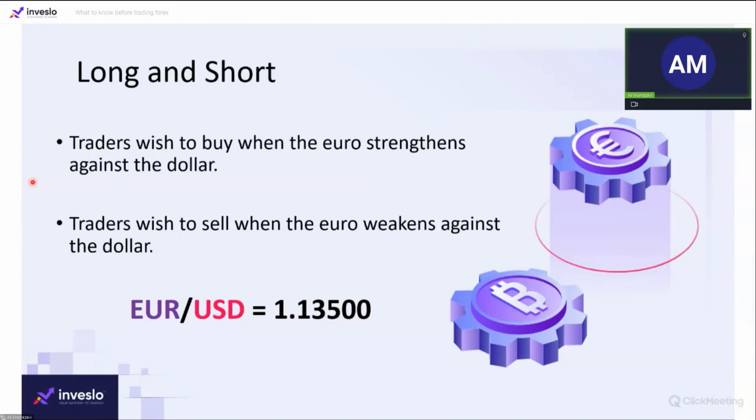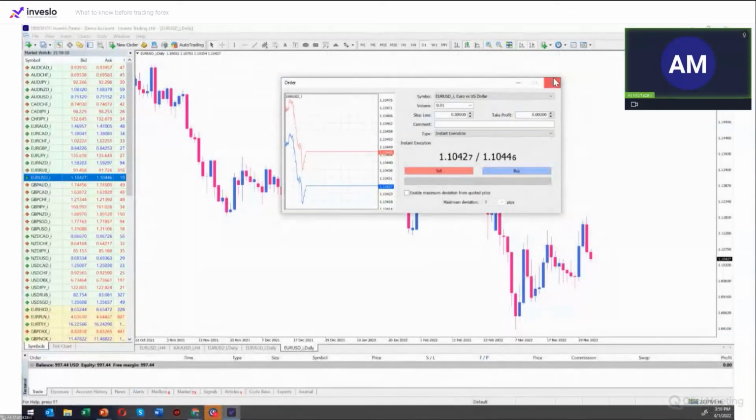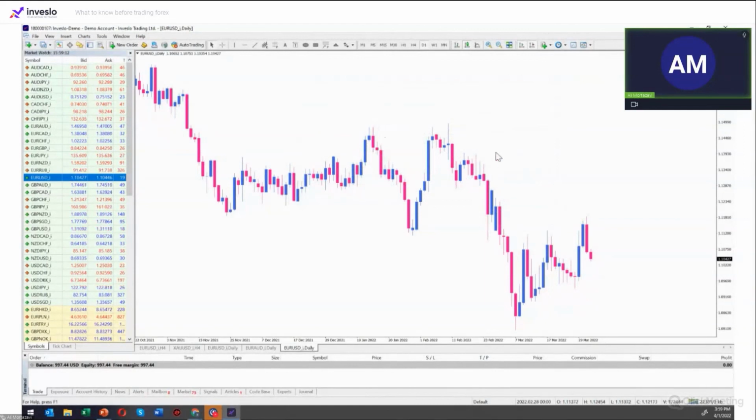And this is a huge opportunity in Forex trading because it means you can take advantage of price fluctuations in any way, either going up or going down. For example, if you hold some stock, you can't make profits when stocks crash.